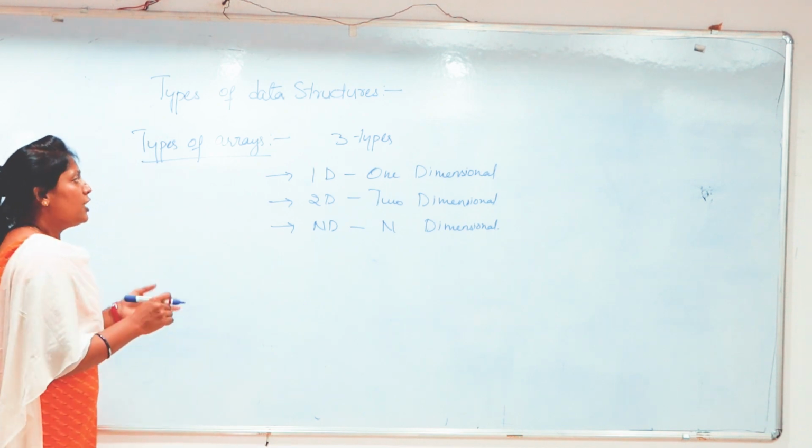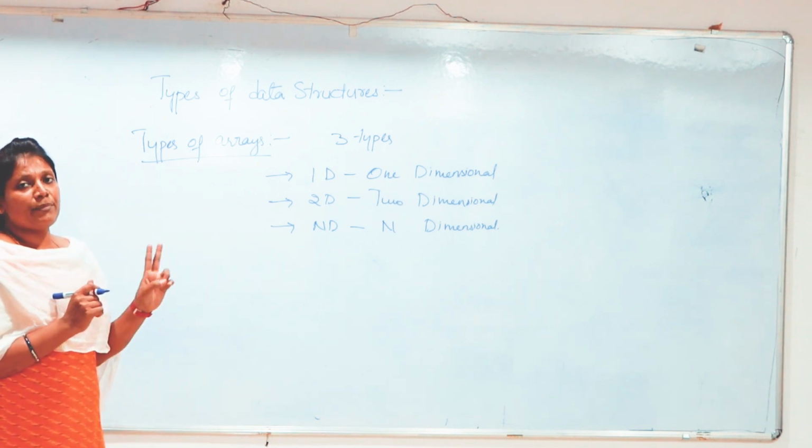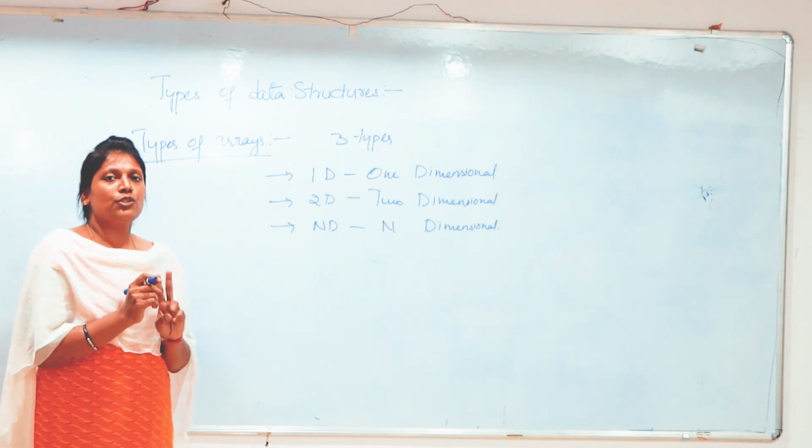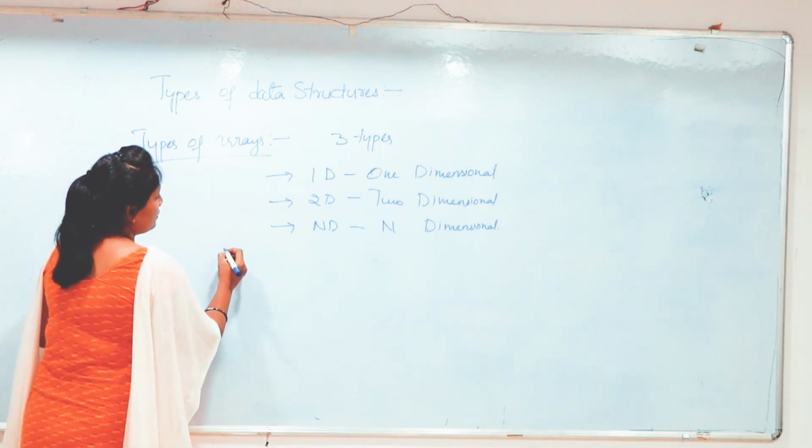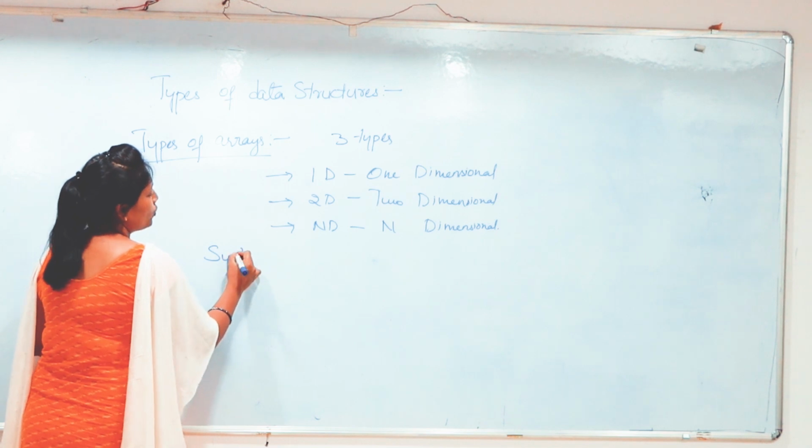Here the name itself indicates that it will be stored in two ways, that is rows and columns. Let us see the syntax of this 2D array.